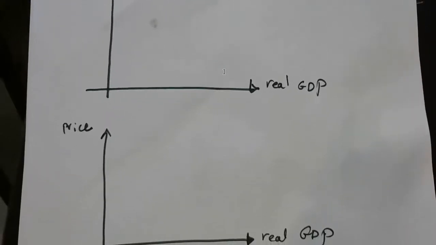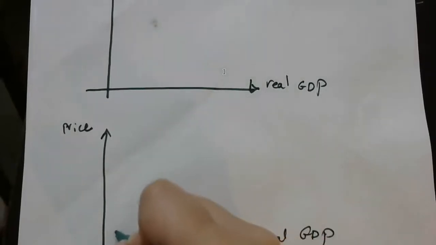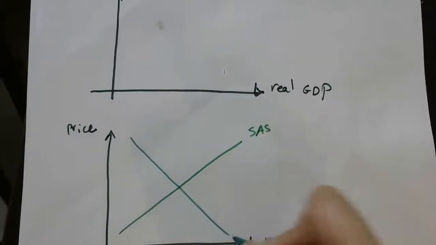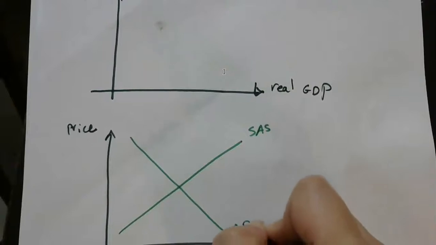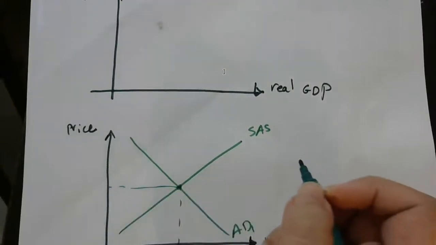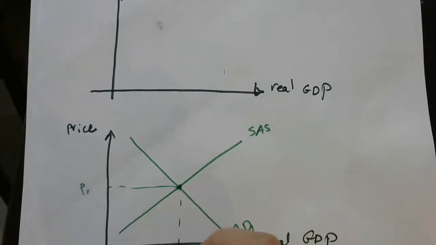First, I have to draw the normal situation, right? So for the normal situation, I draw one SAS and then one AD. Let's say that this is the first year, or sometimes we call it the base year. So this is P1, for example, and this is GDP1 or Y1.